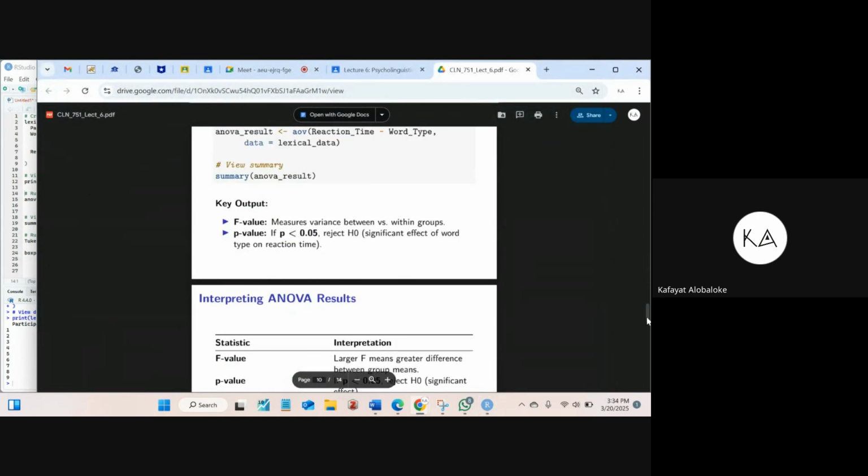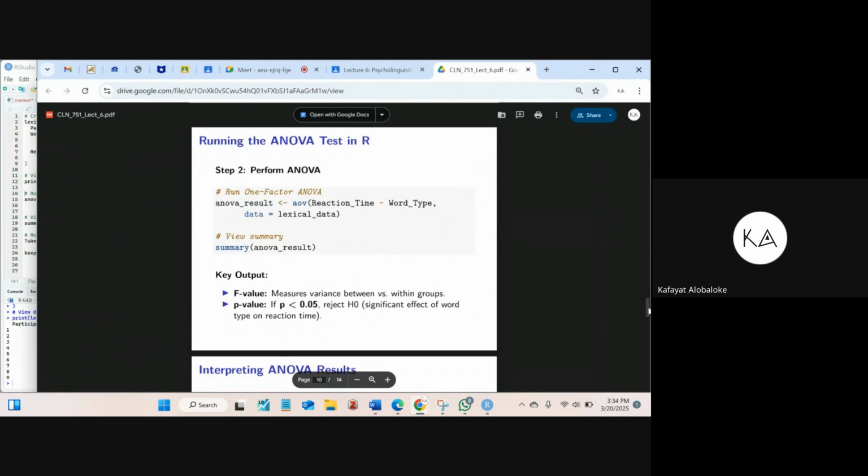Now the next thing to do is to perform our ANOVA. Now the code to run a one factor ANOVA. In R, we have different functions, and the function for a one factor ANOVA is aov. What do we have inside the aov? That's the reaction time.